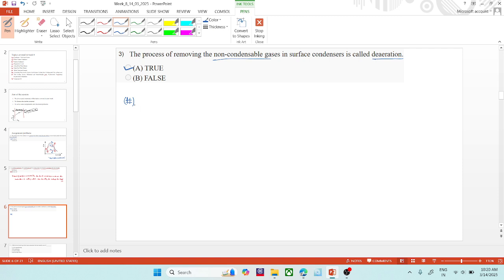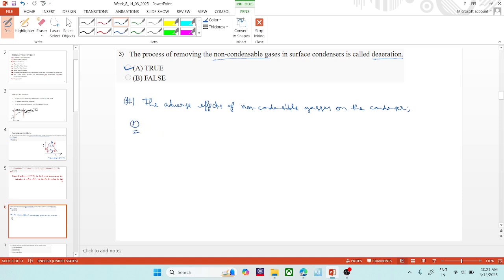The adverse effects of non-condensable gases on the condenser.